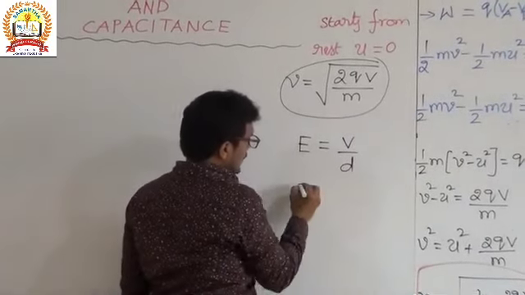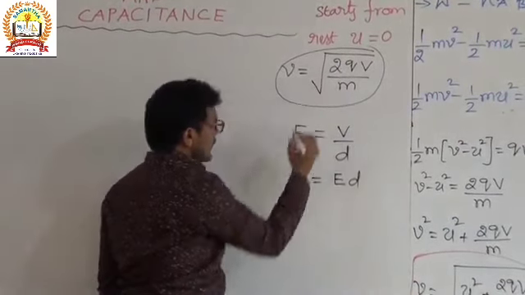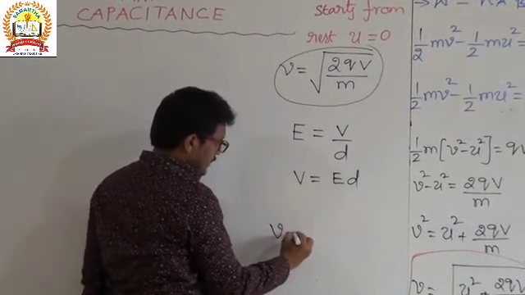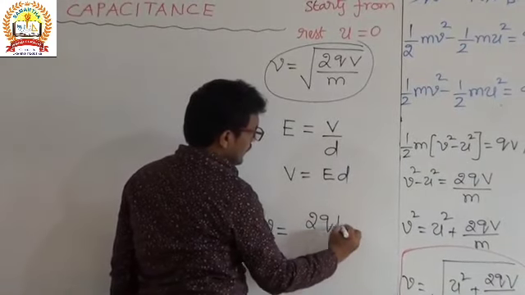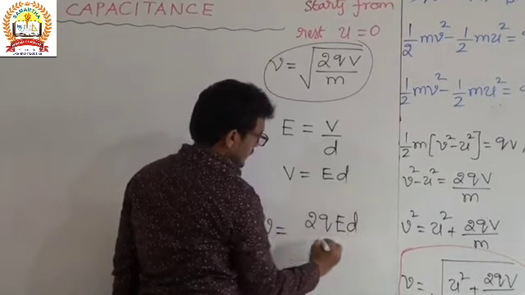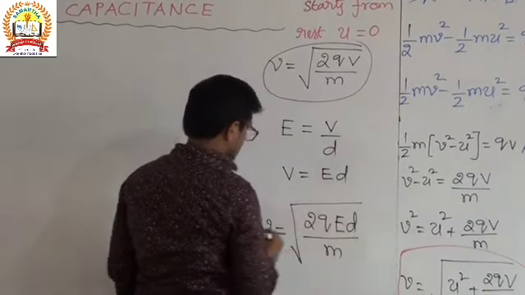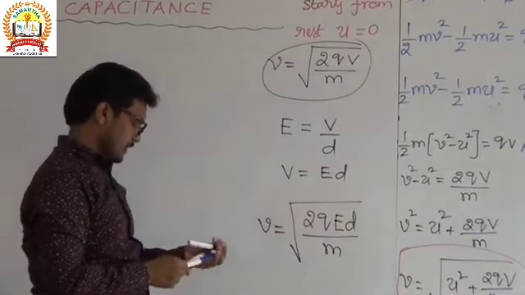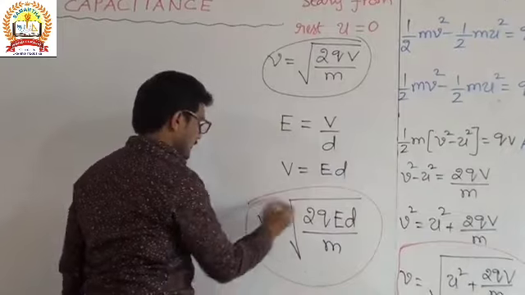Then the potential V is equal to E into d. If we substitute, then the final velocity v is equal to root over 2 into q into E d by m, and this will be the final velocity of the charged particle when it is moving in a uniform electric field.